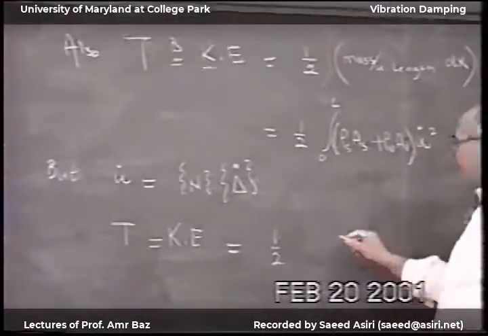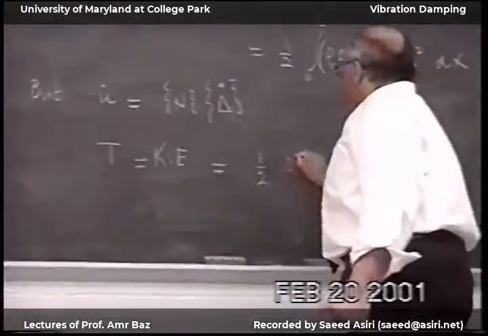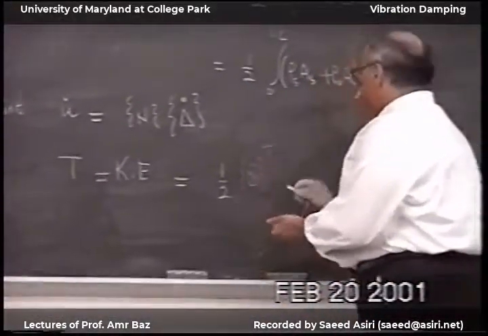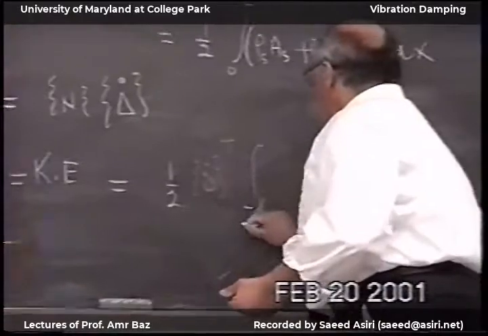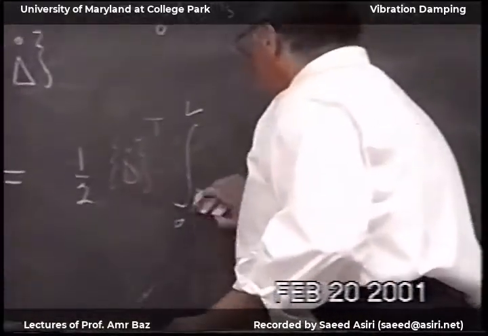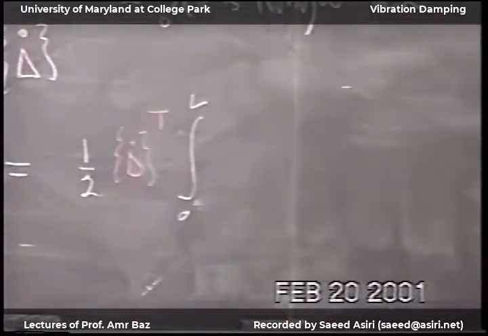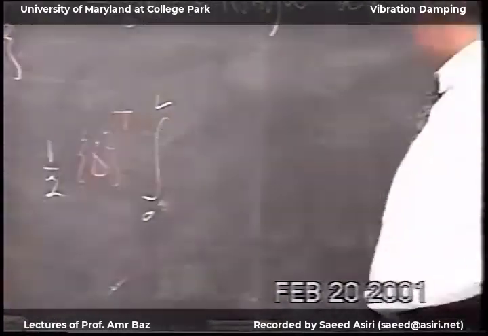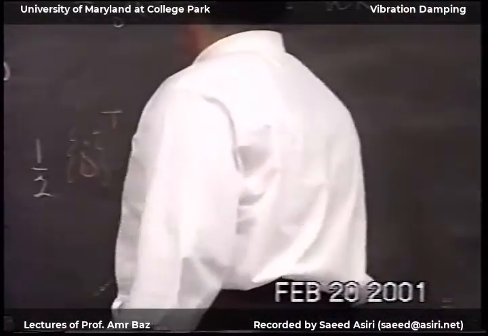Same story as we've done. This will be delta dot transpose integral from 0 to L. Take also these out.